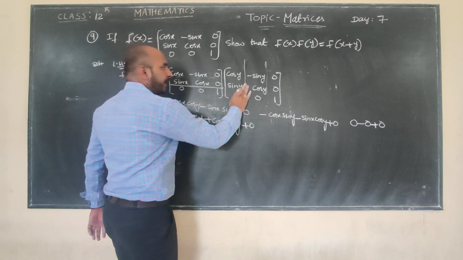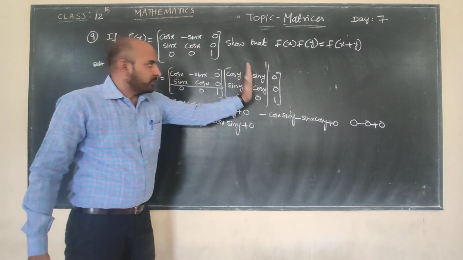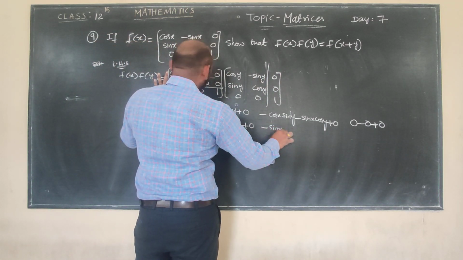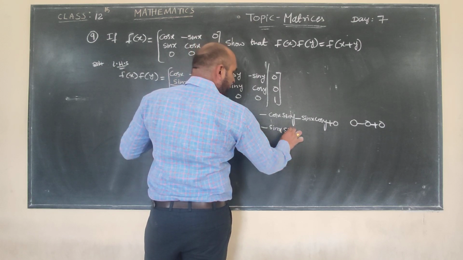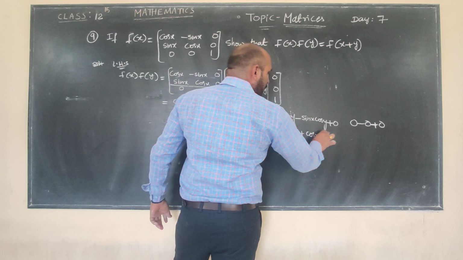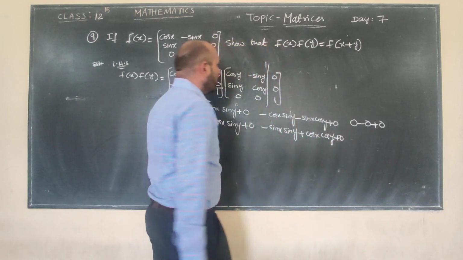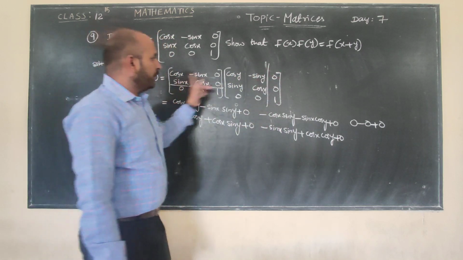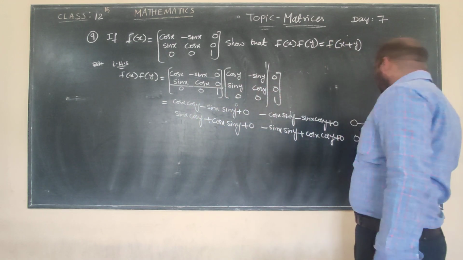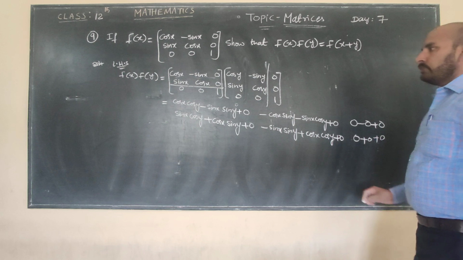Now coming to the second column. Second row with first column, second column, third column as it is. So minus sin x into sin y, minus sin x into sin y plus cos x into cos y plus 0. Now coming to the third column, 0 into something, 0, plus cos x into 0, that is also 0. 0 into 1, that is also 0.